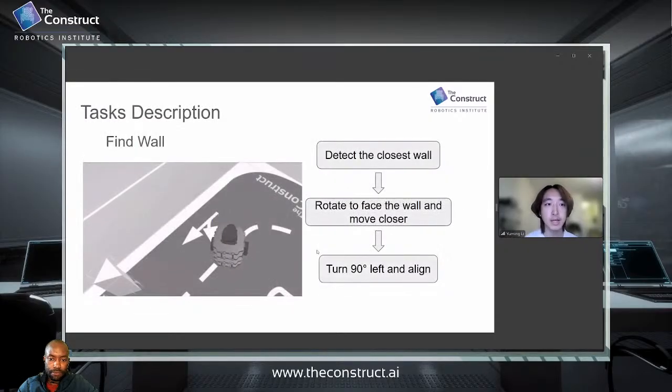The first task is to find the wall. To do so, the robot should detect the closest wall and then rotate to face the wall and move closer to the wall. And after that, it should turn 90 degrees left and align with the wall.